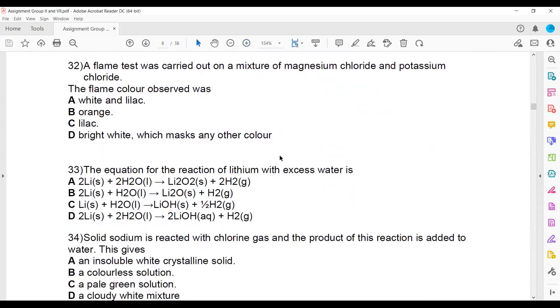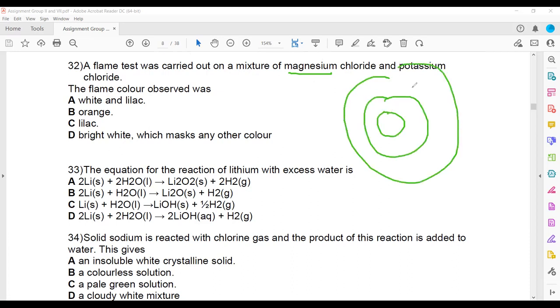In question 32, a flame test is carried out on a mixture of magnesium chloride and potassium chloride. What flame color is observed? In the case of magnesium, it is giving out energy due to the transition of electrons: first they jump from lower to higher, and then when they return, they give out energy, but that energy is not in a visible range, so there is no specific color.